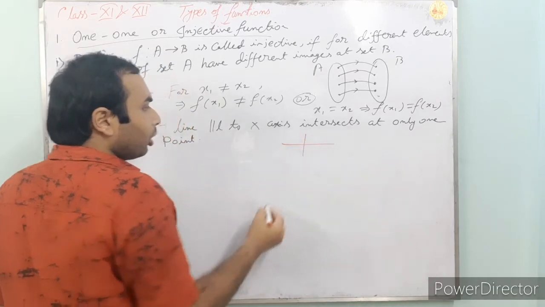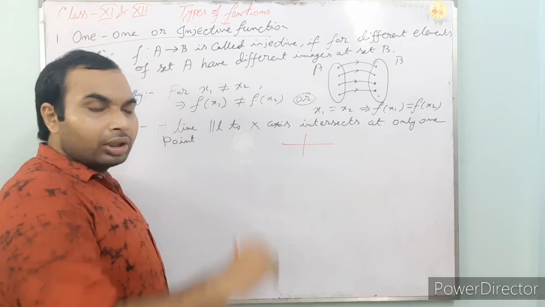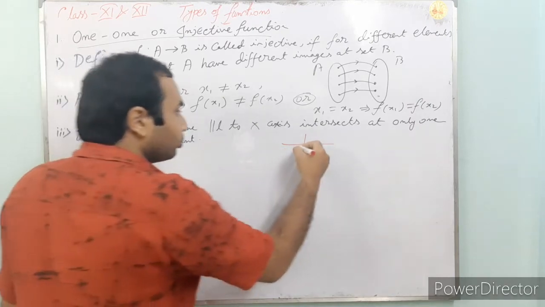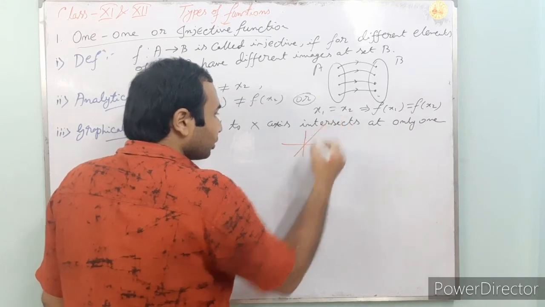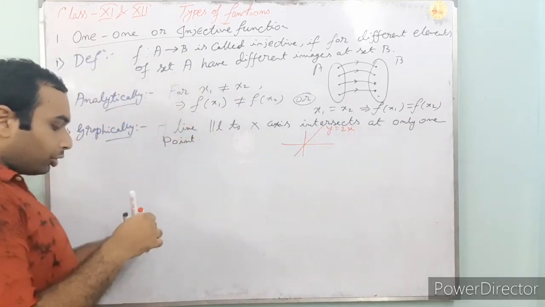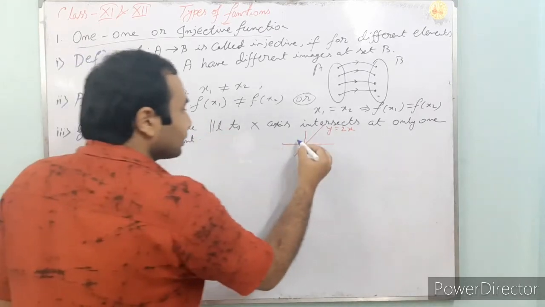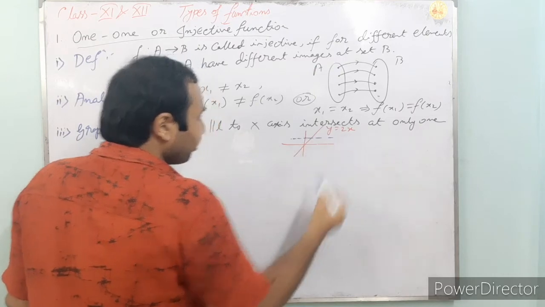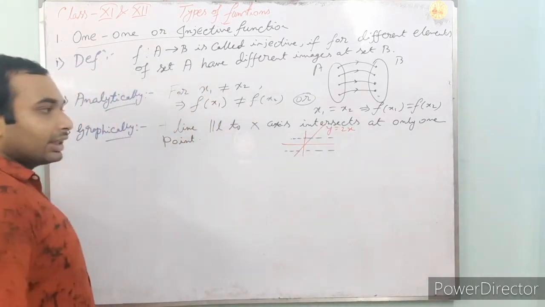If we draw the graph of, say, y equals 2x, the graph will look like this. Now draw lines parallel to the x-axis.